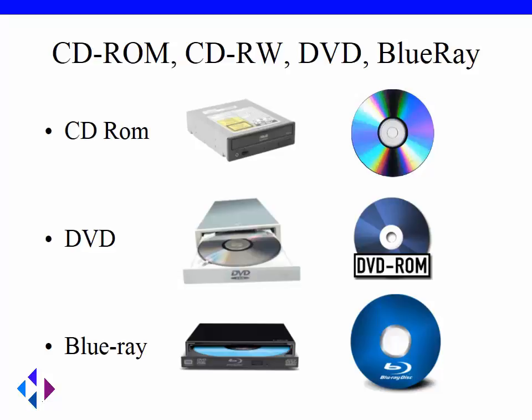The newest thing that has hit the market is the Blu-ray, which has a huge 28 gigabyte limit for storage. It is extremely fast. In fact, most of your high definition movies that come out today for sale are on Blu-ray.